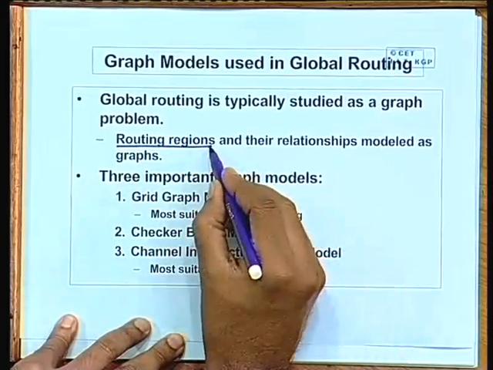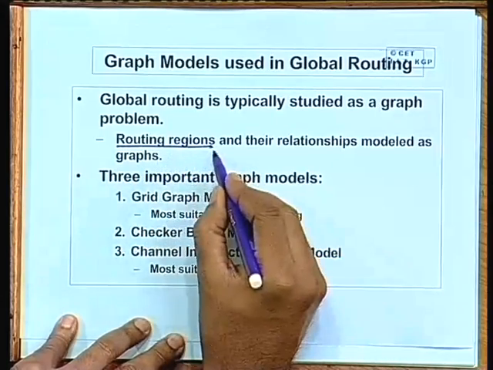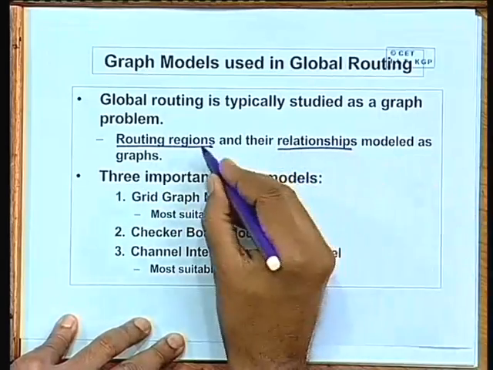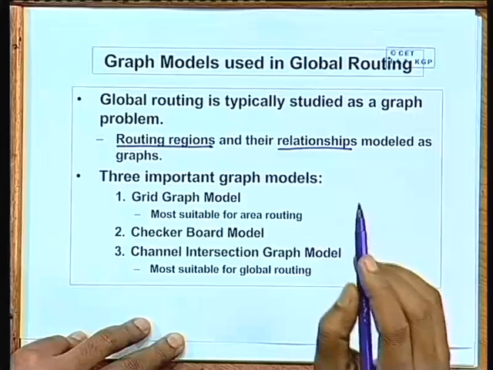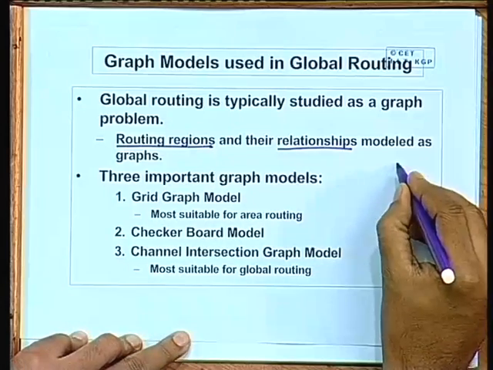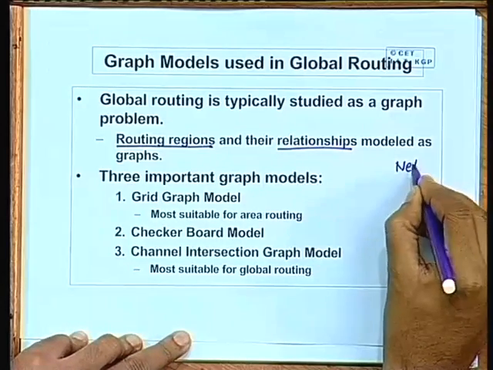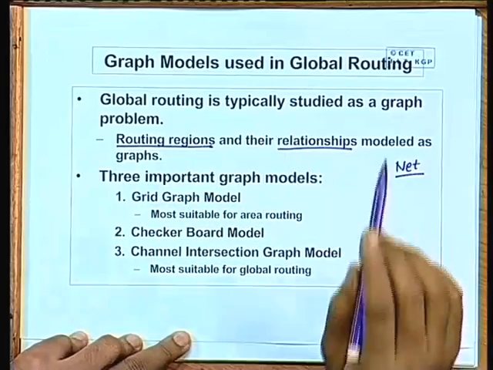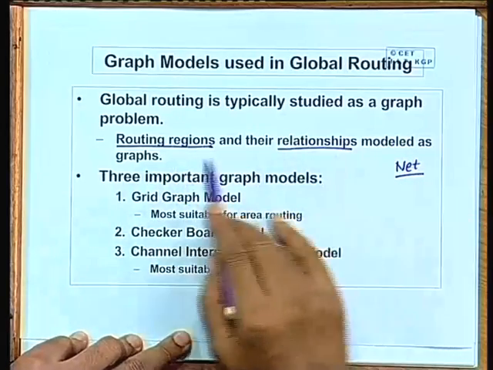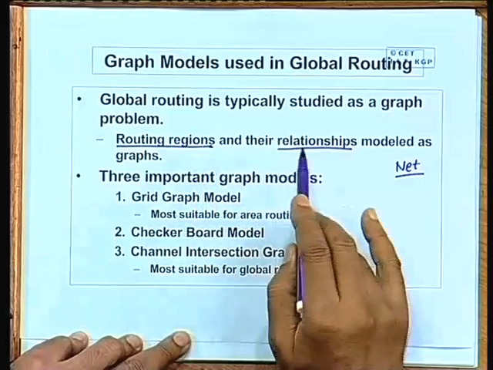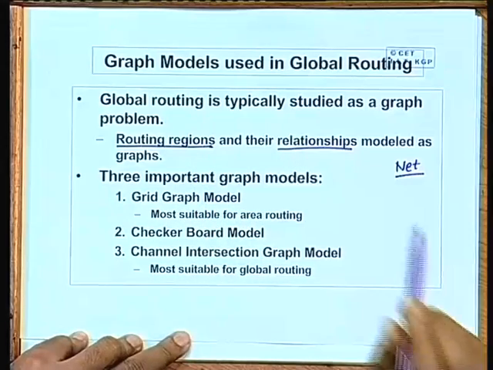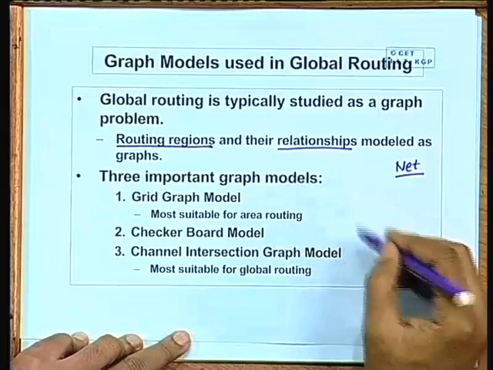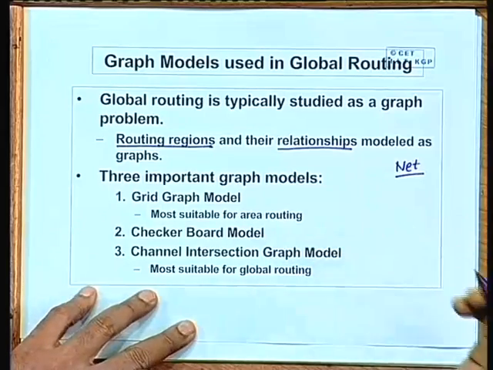In global routing we have the routing regions, we have their relationships, how these routing regions are connected among themselves, and we will have to find out, for each given net, what is the sequence of routing regions we have to traverse through. So, in the graph this kind of relationship between the routing regions must be captured in some way. Now, three important graph models have been explored.